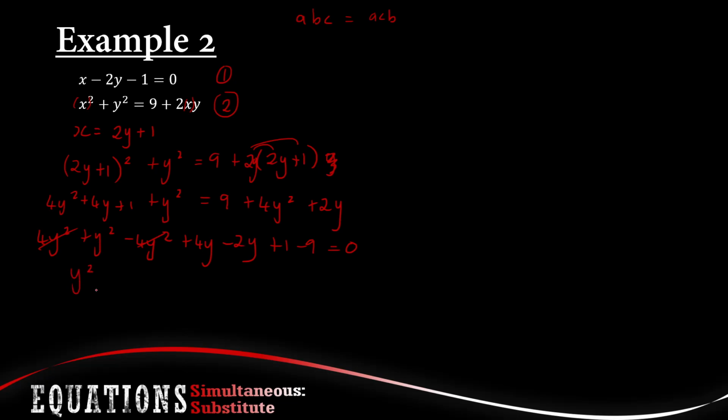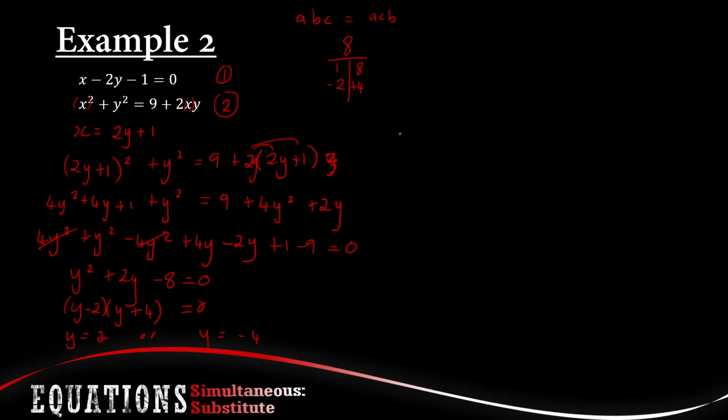Then 4 minus 2 is 2, so plus 2y, and then 1 minus 9 is negative 8, and that's equal to 0. Factorizing this, we find the factors of 8, 1 times 8 and 2 times 4. To get plus 2, I'm going to say plus 4 minus 2. So this is y minus 2 and y plus 4 equals 0. So y is equal to 2 or y is equal to negative 4.